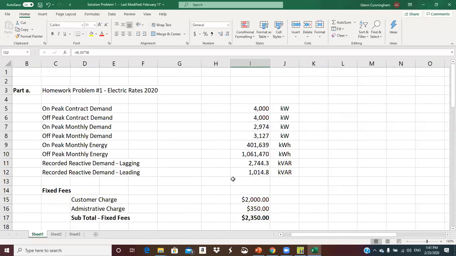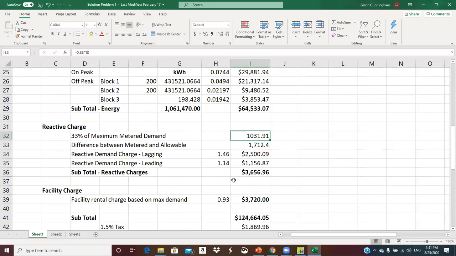2744.3 minus 1031.91. And that's what you got to pay for. And that is 1712.4.